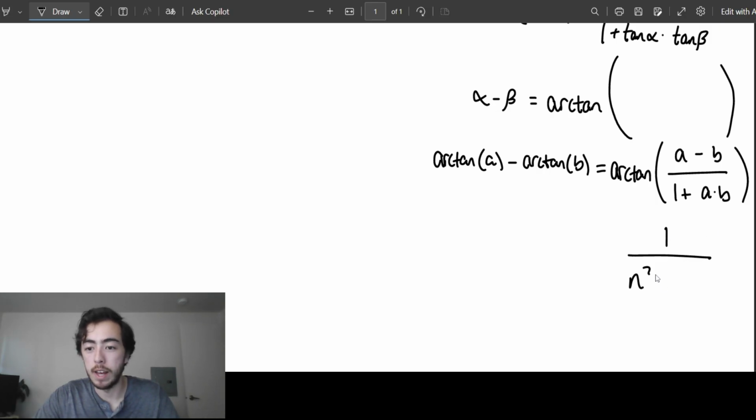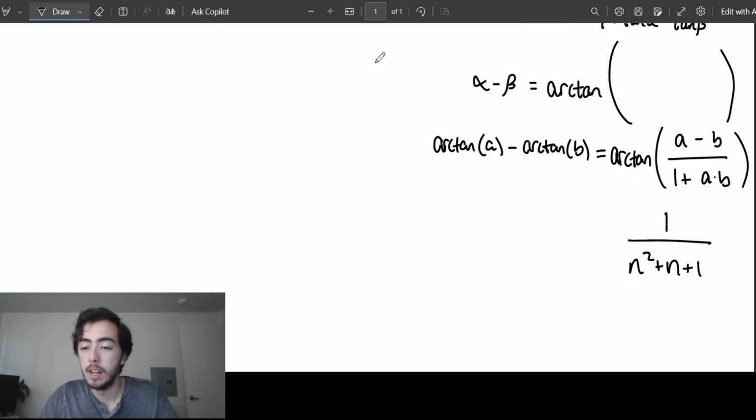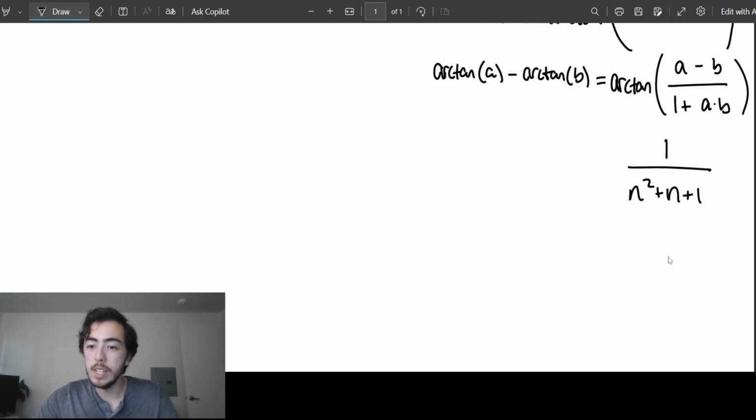So we need to apply algebra steps to this to get it to match that expression. Let me move this 1 plus over to the left side and factor out an n. So I have n times n plus 1. And so now my denominator matches. I just hope that I get the right A and B so that my A minus B is 1.